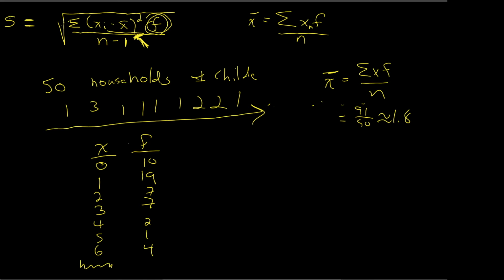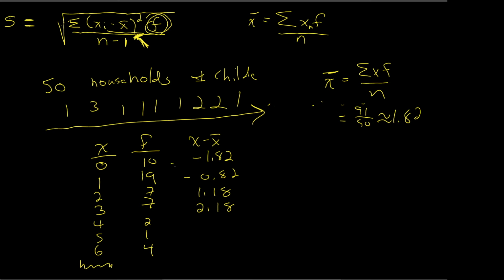Well, we can use this then to find x minus x bar, which will give you negative 1.82, and then negative 0.82, then 0.18, 1.18, 2.18.